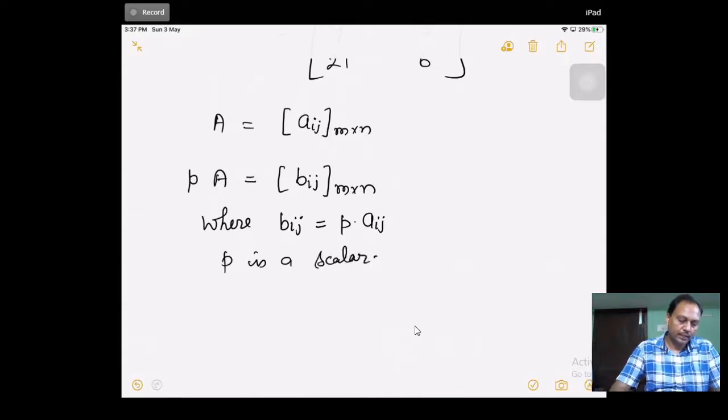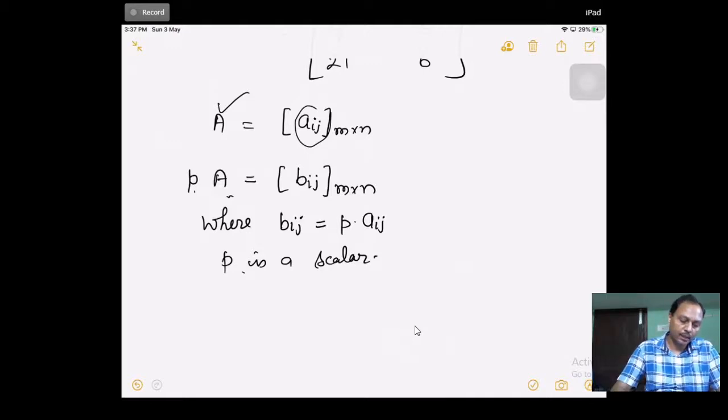Bij means the new element of the new matrix after multiplying, where Bij equals P times Aij, meaning the corresponding element is multiplied by P, where P is the scalar by which we are multiplying the matrix.